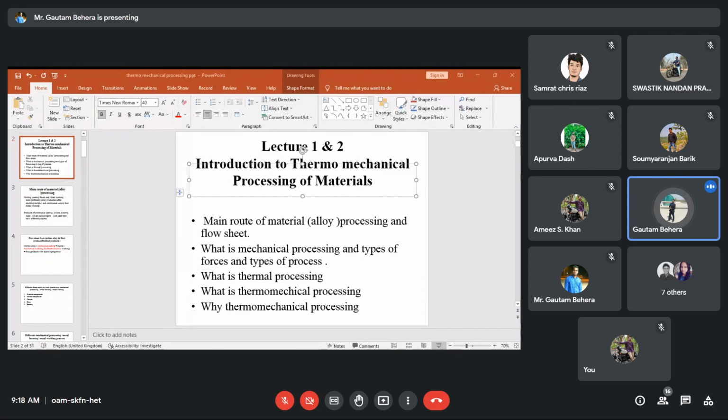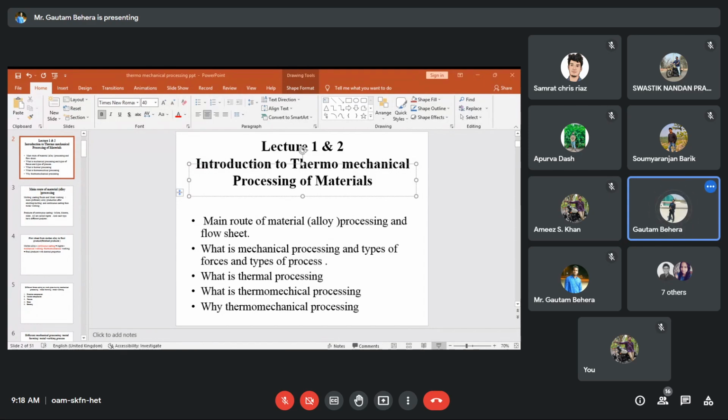After casting we get an ingot, obviously. That solidified ingot will undergo mechanical processing. We process it by using forces, load, or stress if you want, and we get a desired shape at the end with desired mechanical properties.